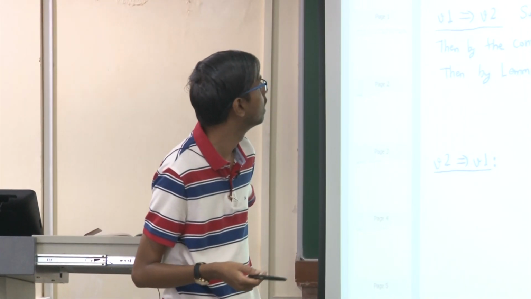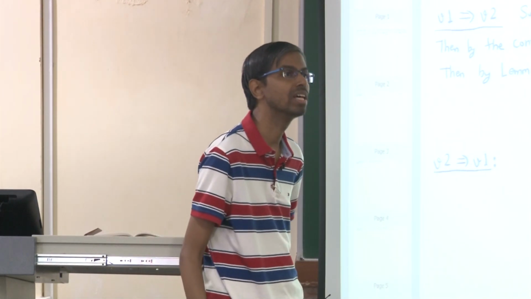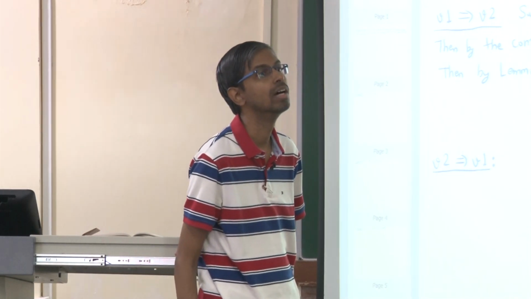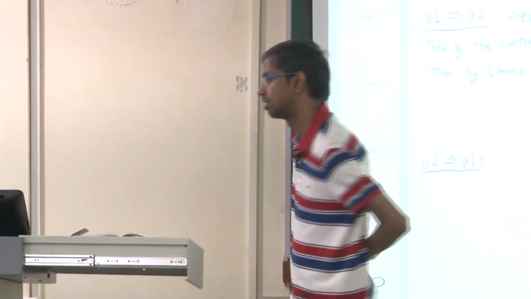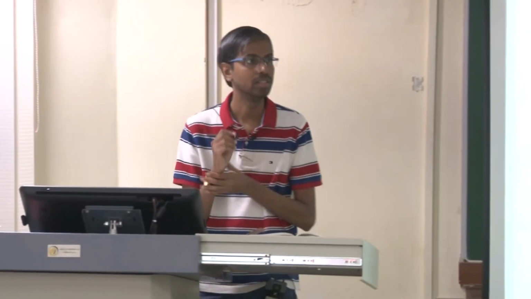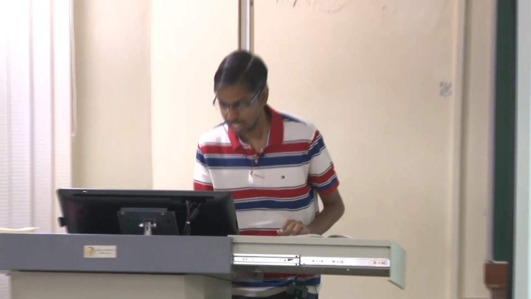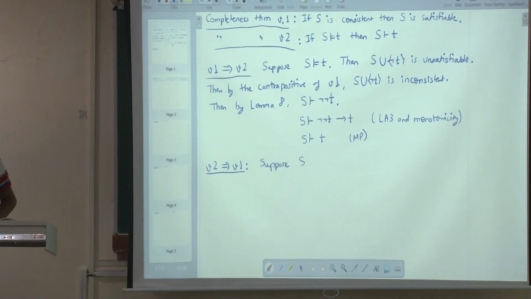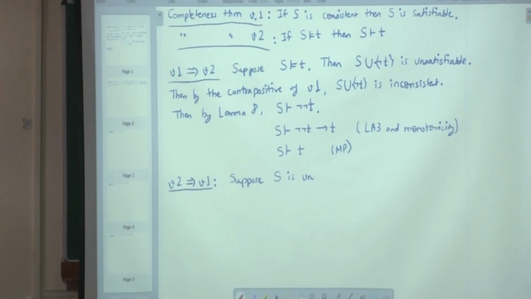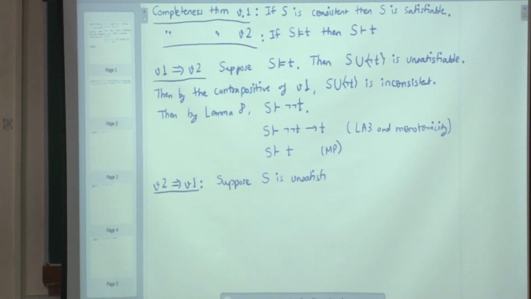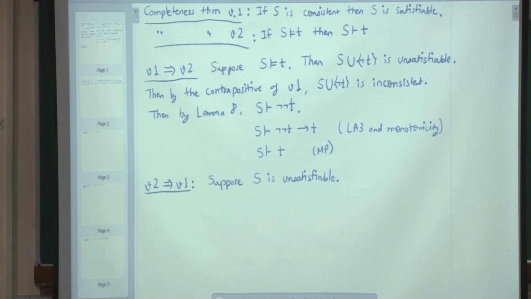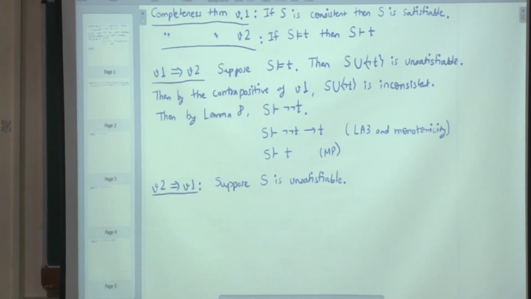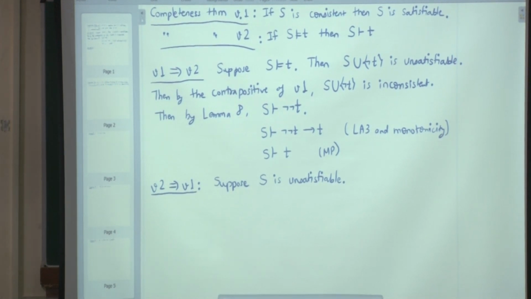Okay, suppose S is unsatisfiable, then what will happen? For any valuation, very good. What is the definition of S models T, or T is a logical consequence of S?